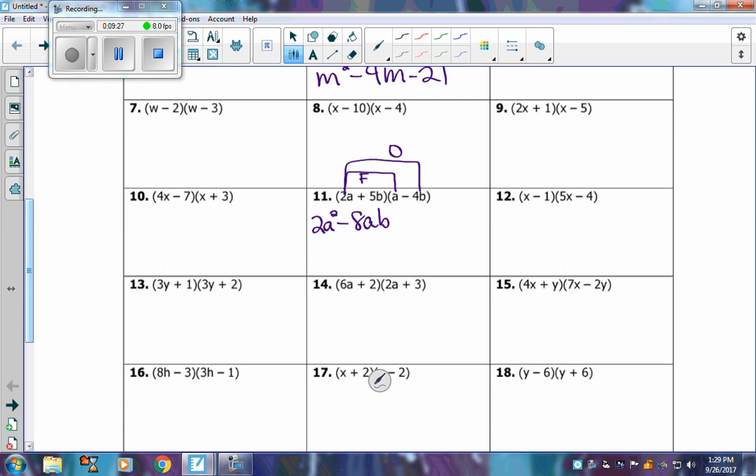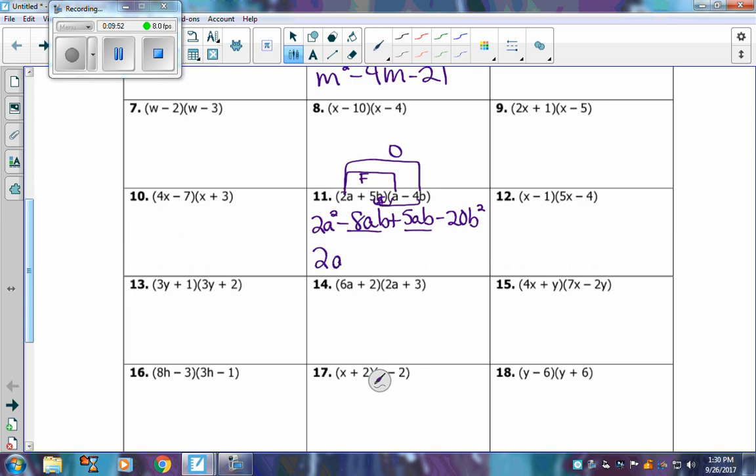Okay, now the inside would be 5B times A. And then last times last would be 5B times negative 4B. Yep. Again, your outer and inner terms are your common terms, and you only add your coefficients.